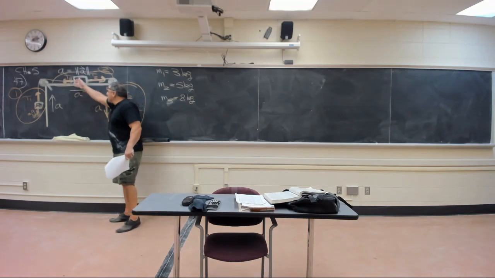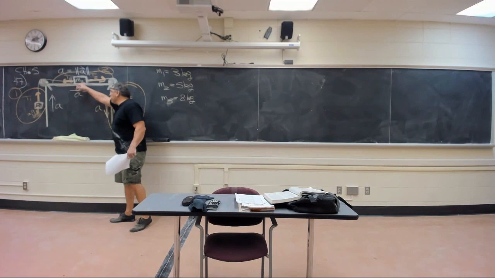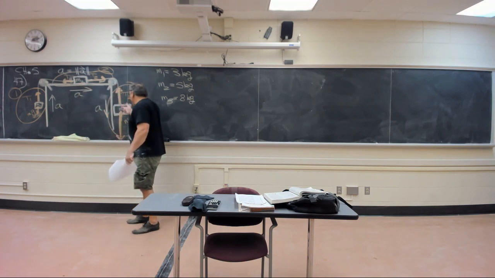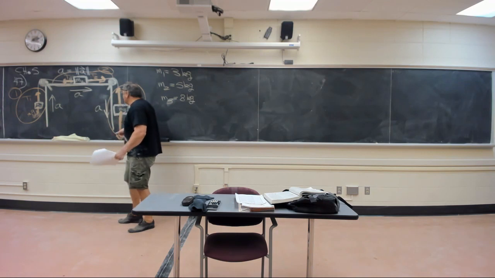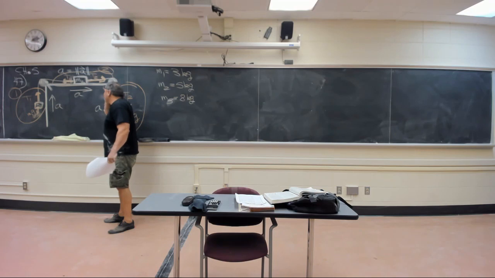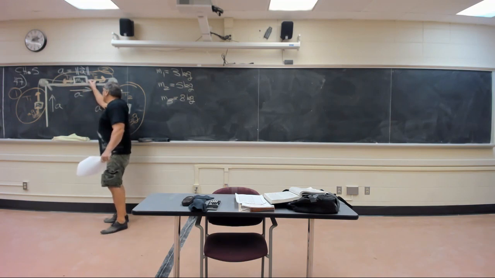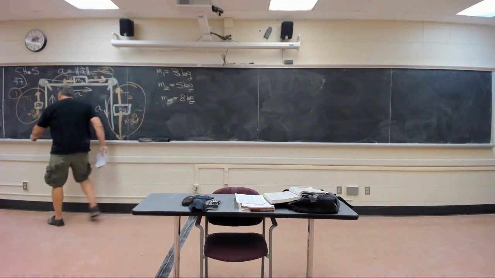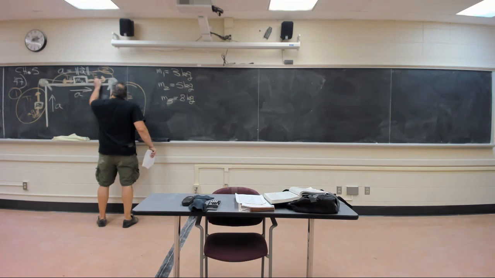If this guy goes down, he's pulling this guy to the right, following this guy. For that to happen, T2 and T1 have to be of different size for there to be an acceleration. T2 has to be a bigger vector, you guys.